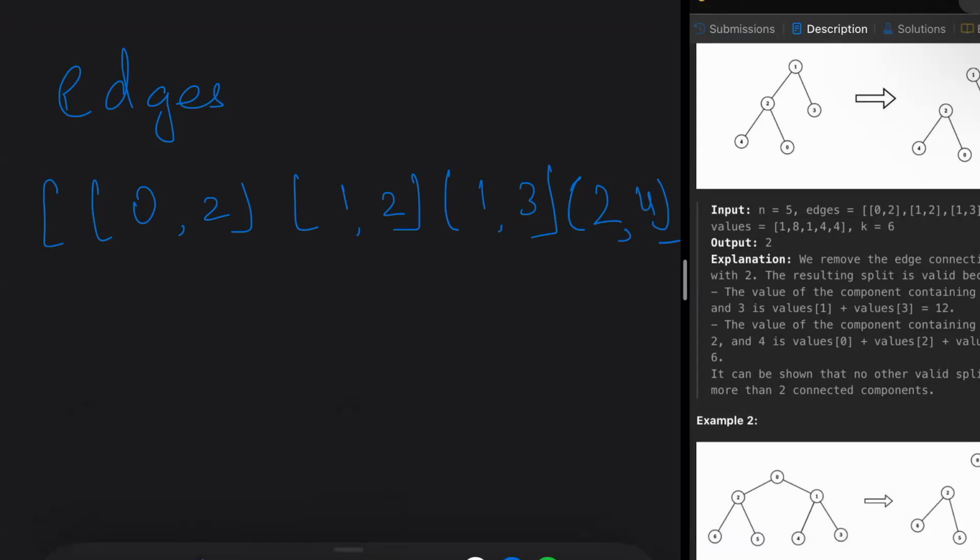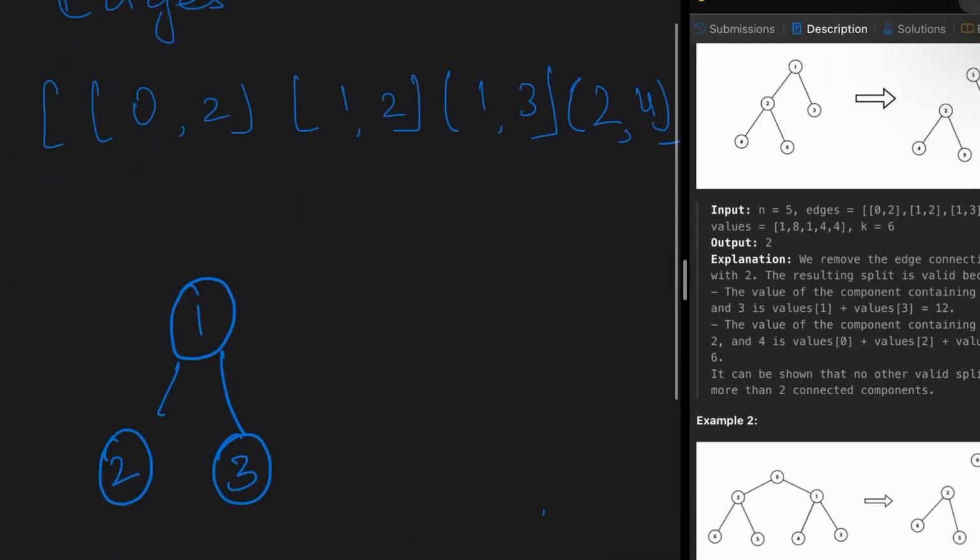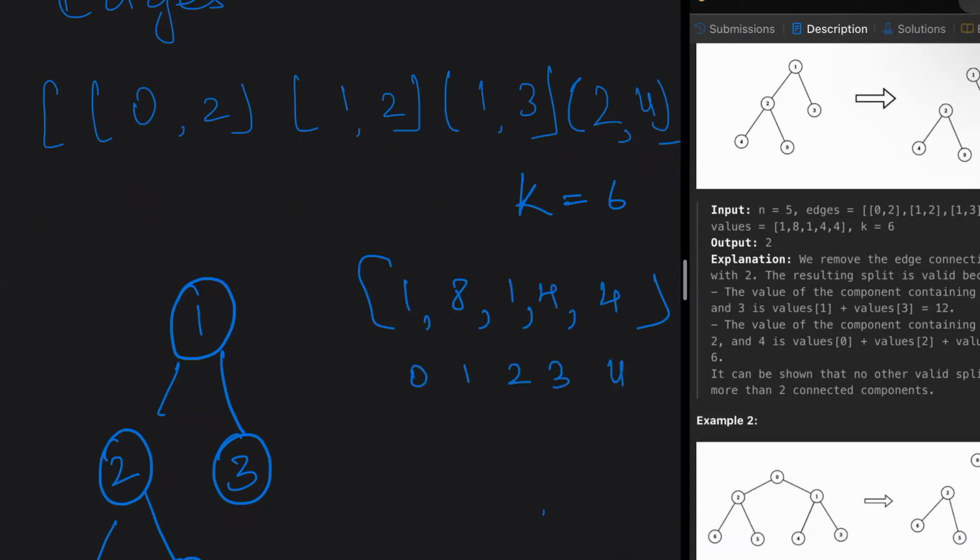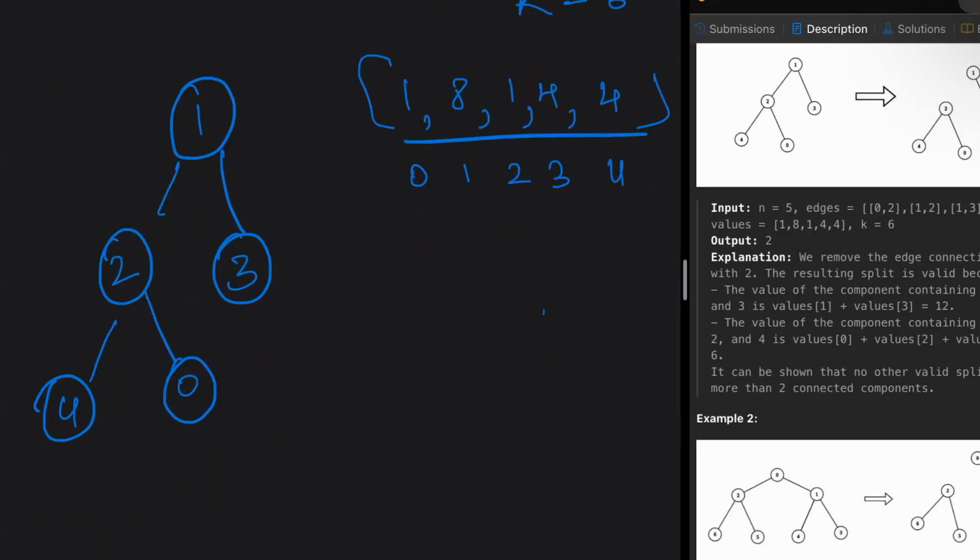We have 1, and 1 has children 2 and 3. 2 has a child 4, and 2 is also connected to 0. So this is how the tree looks like. We have the k value as 6, and the values array is 1 8 1 4 and 4, for nodes 0 1 2 3 4.